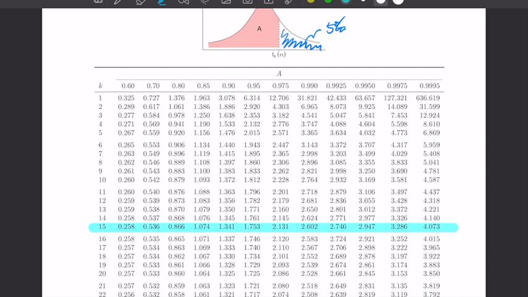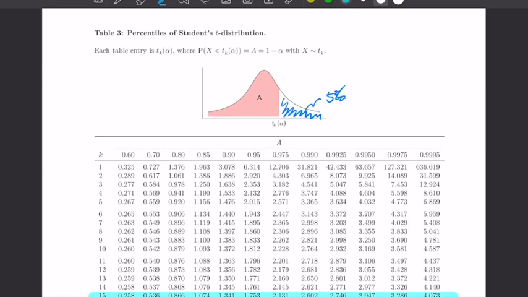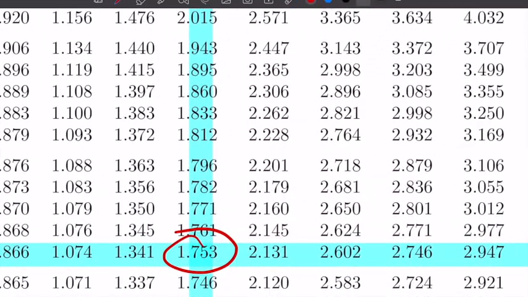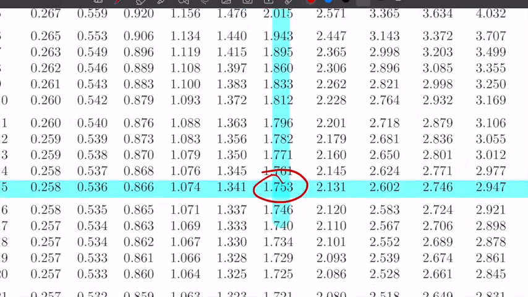For example, if we want to test only one side, then you can just look at this. In the case of a 5% significance level, you can check this number, 1.753.